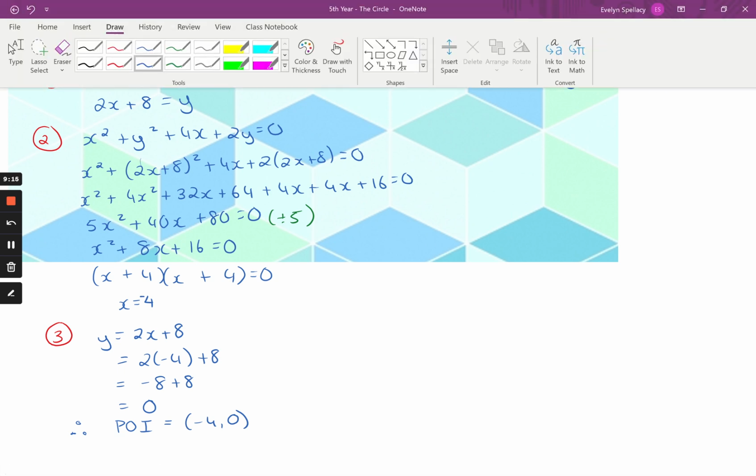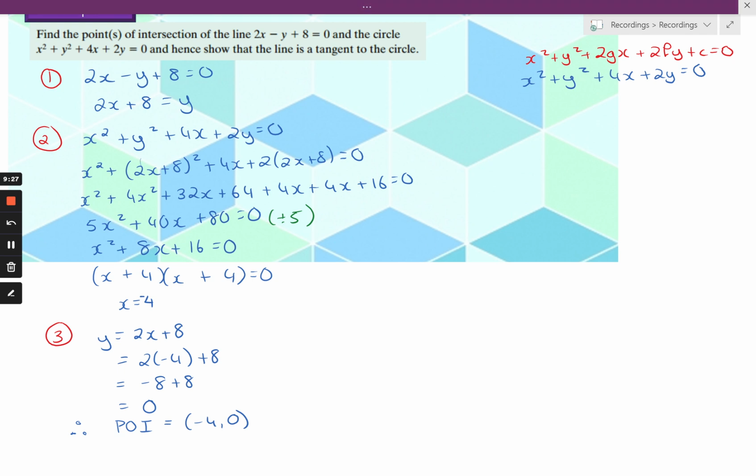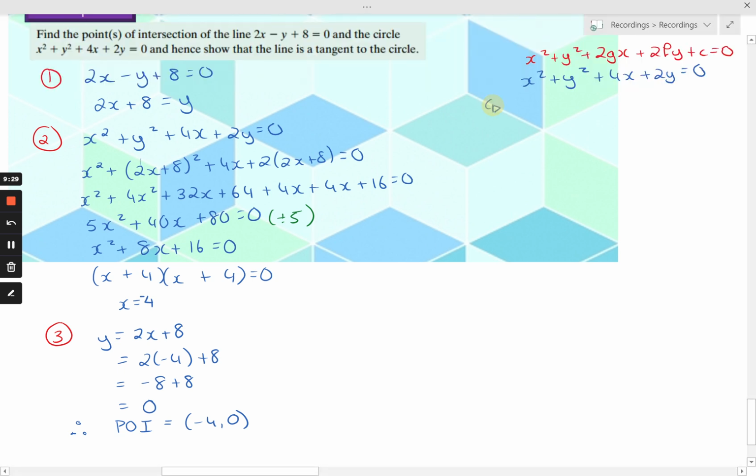I'm going to use my general formula here, which is x squared plus y squared plus 2gx plus 2fy plus c is equal to 0, which shows me that 2gx is going to be equal to 4x. My x's cancel on both sides. Divide both sides by 2, so g is equal to 2. 2fy is going to equal 2y. My y's cancel on both sides. Divide both sides by 2, so f is equal to 1, and c is going to be 0.